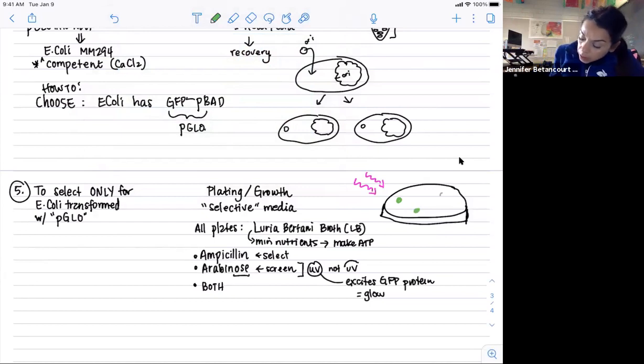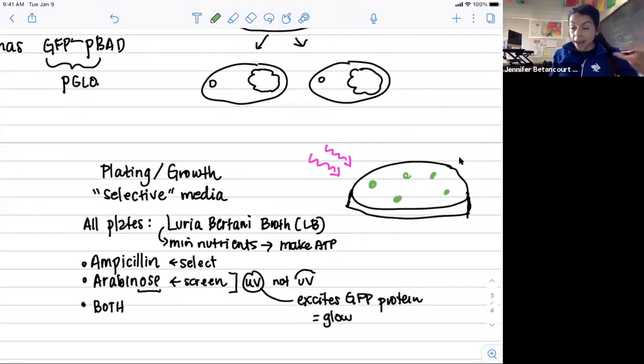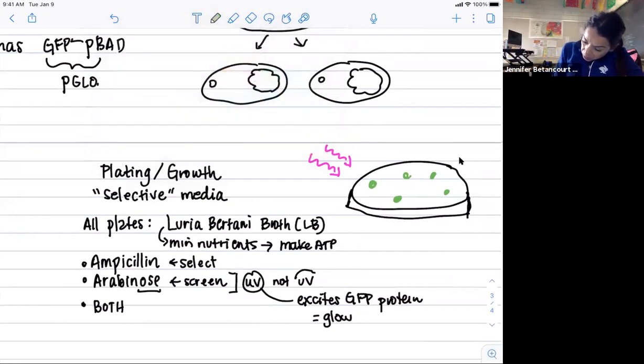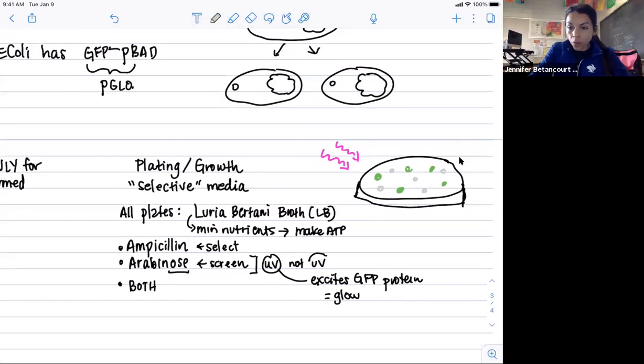Some of these colonies are green, indicating that they have functional GFP protein, and some of them are not green. So they have something that allows them to grow on this plate, but they did not make functional GFP.